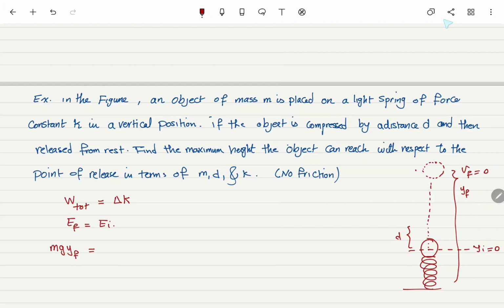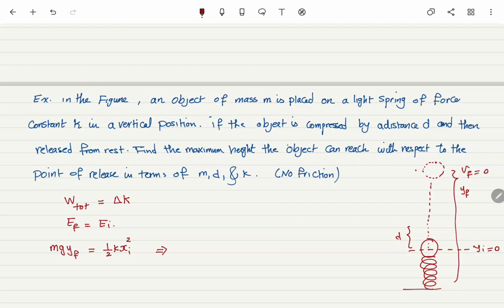Now we have at this initial position elastic potential energy, half kx initial square, and again it's at rest, no kinetic energy at this position as well.